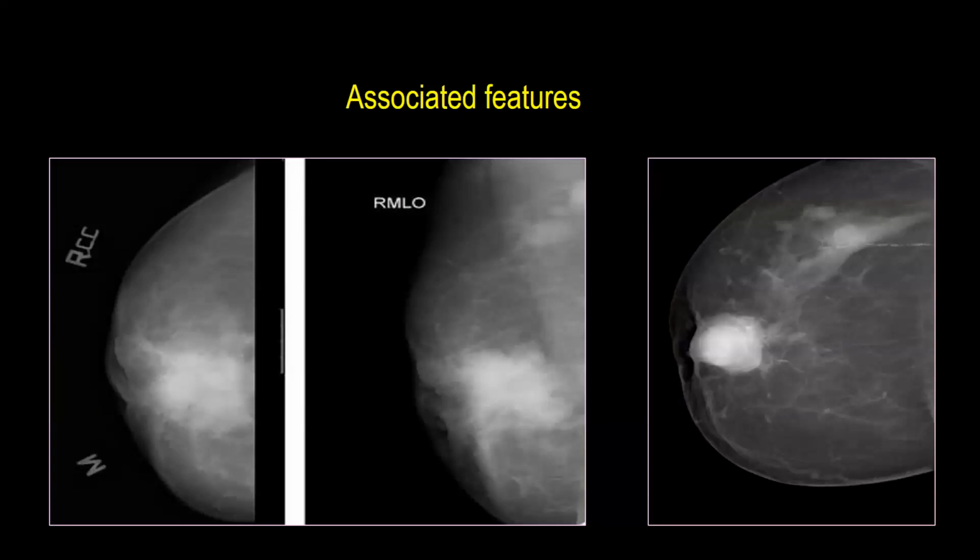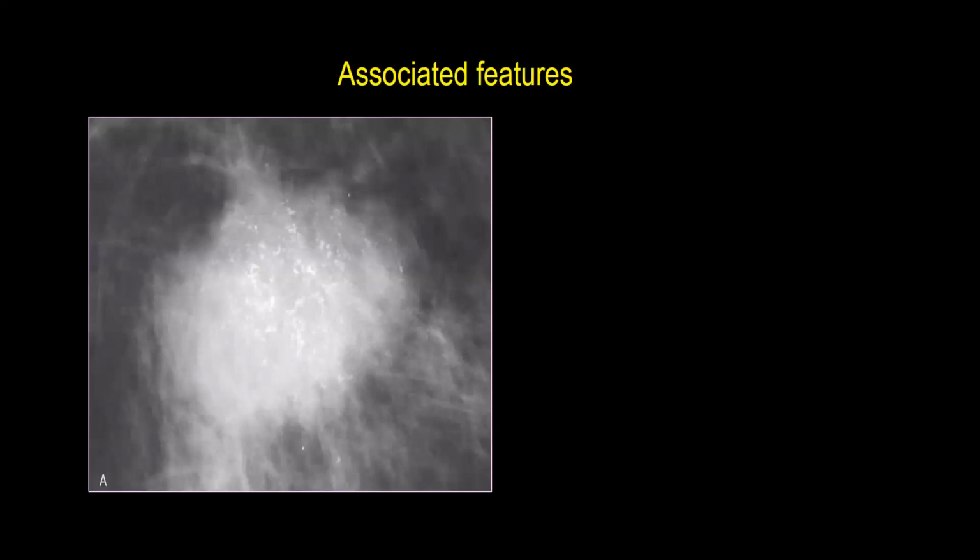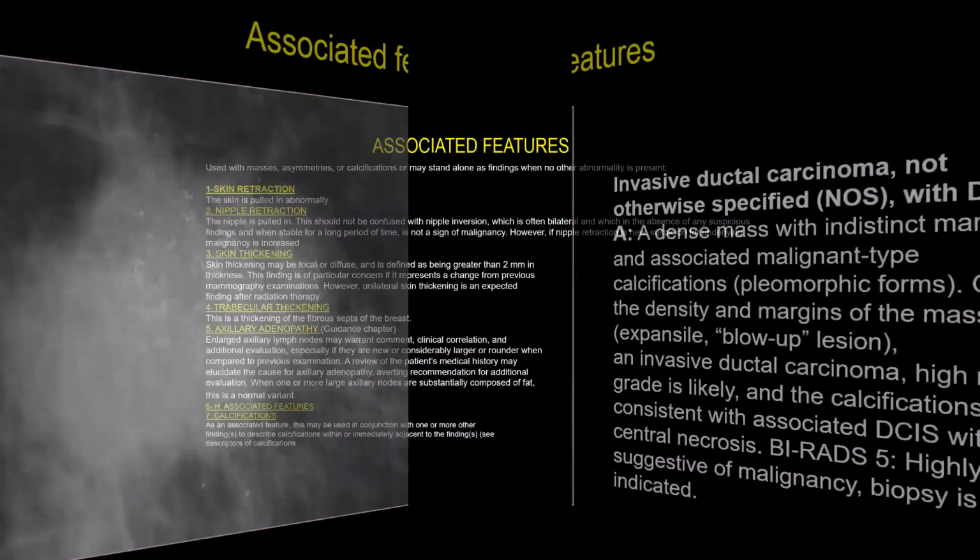The middle one also has skin thickening and retraction with malignant adenopathy. And in the third, no, this is nipple retraction. The associated feature here is nipple retraction. What is the associated feature in this case? Microcalcification. Excellent. Calcifications are the associated feature.